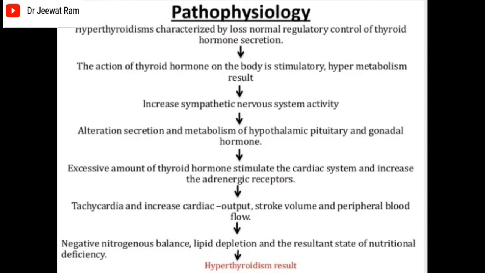Excessive amount of thyroid hormone stimulates the cholinergic system and increases the adrenergic receptors, causing tachycardia and increased cardiac output, stroke volume and peripheral blood flow. Negative nitrogenous balance, lipid depletion and the resultant state of nutritional deficiency.